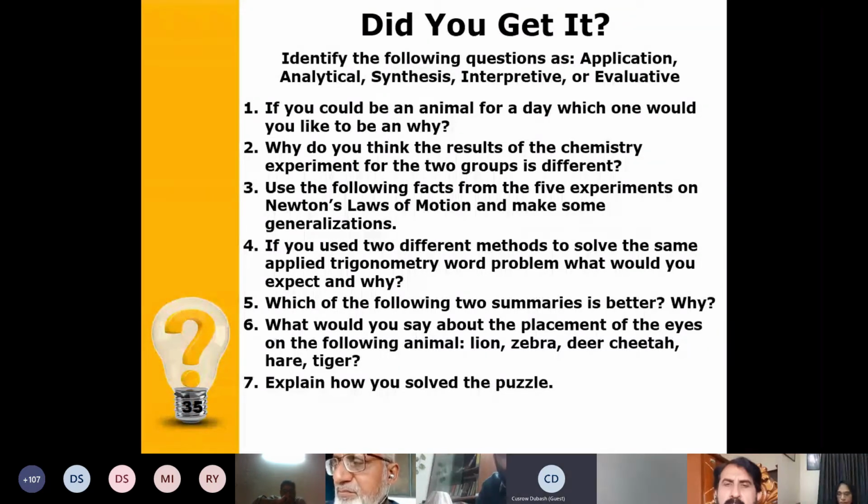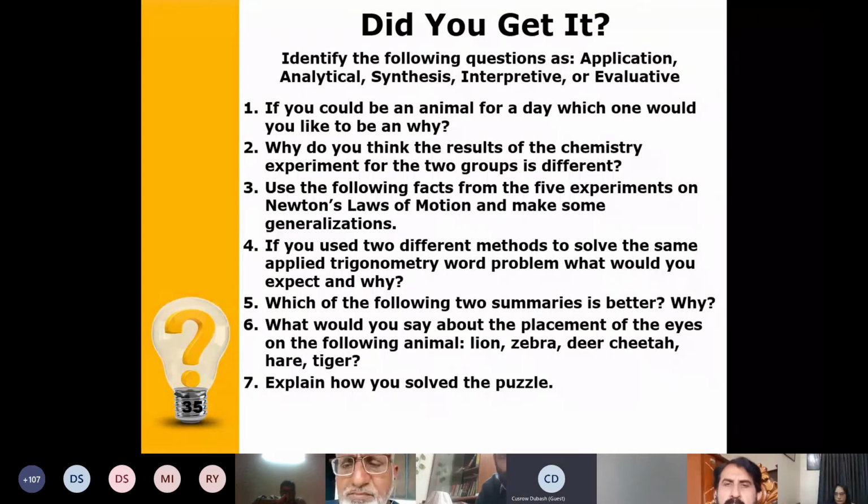Number 3. Use the following facts from the 5 experiments on Newton's laws of motion and make some generalizations. You compiled 5-6 facts and gave them to the students and asked them to make a generalization. 4.